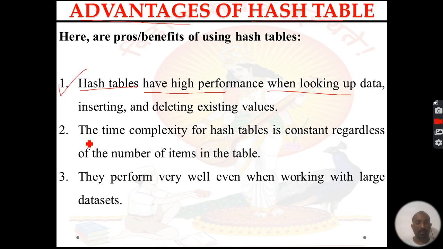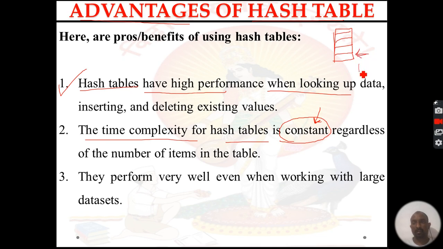Second point, the time complexity for hash table is constant. Now let's see why they have mentioned time complexity for hash table is constant. Constant means same. For example, suppose there is a hash table with 5 records having the same hash function.